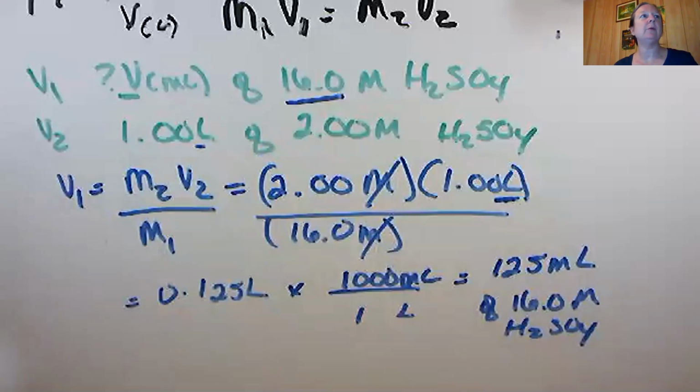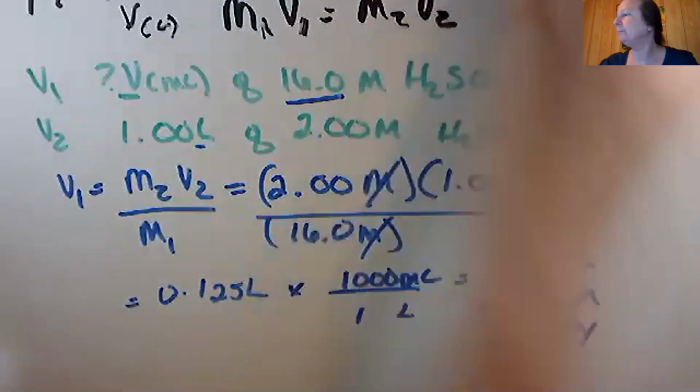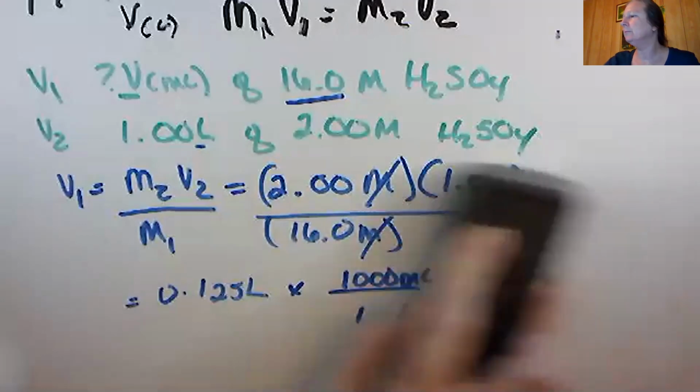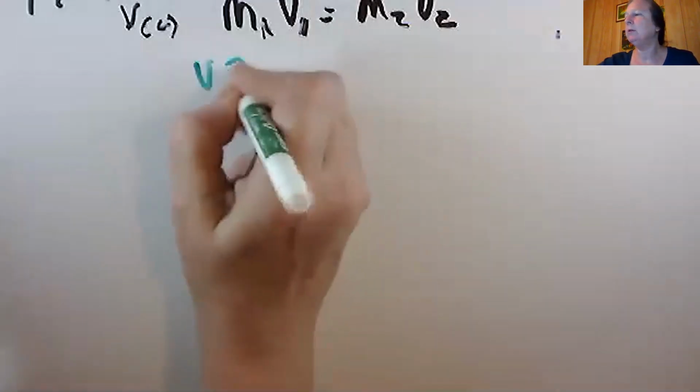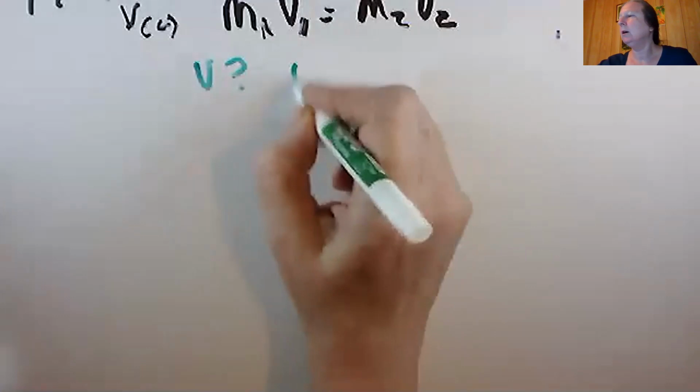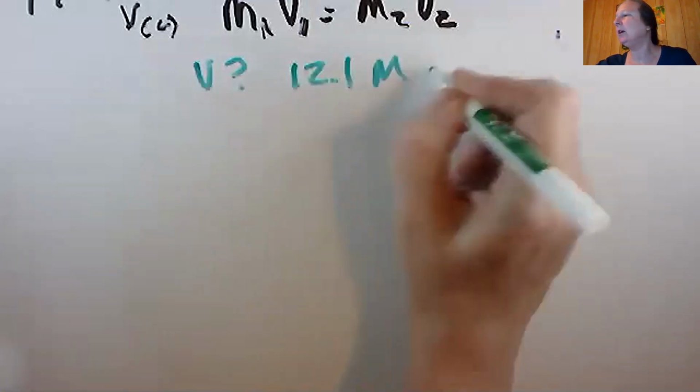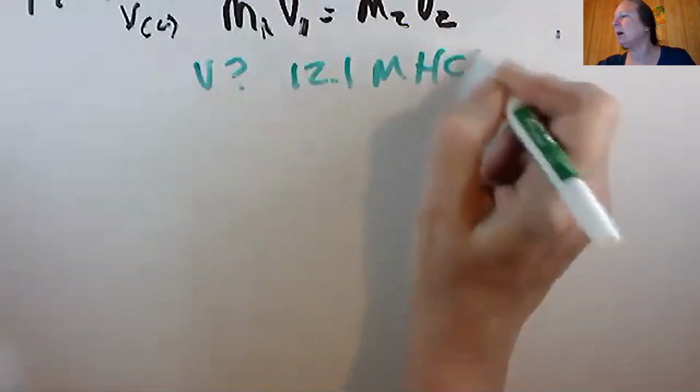Okay, let's go to the next one. Again, this one has a blue bar. The next 2 do, so remember you can remove that blue bar. But this is just the best equation in the world. It's asking for what volume is needed of 12.1 molar HCl. So that's my stock.